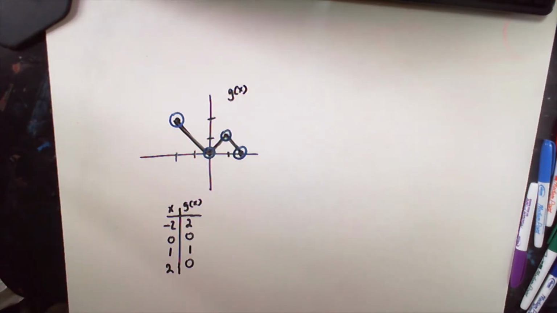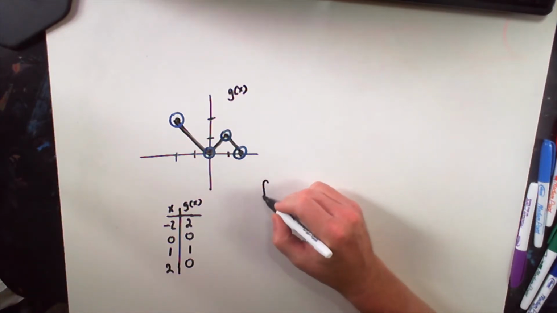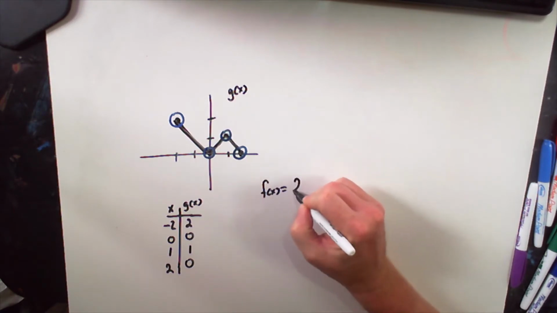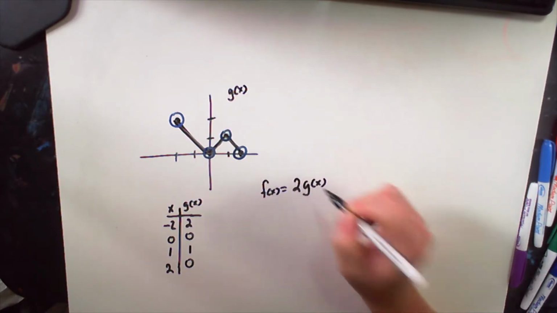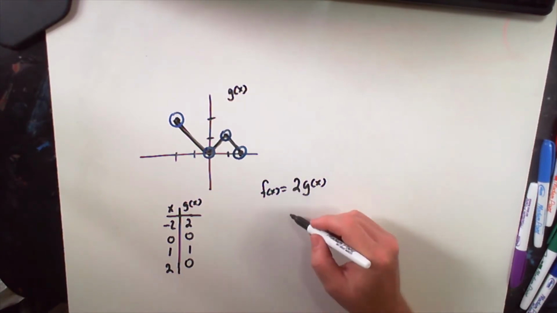So here's our g of x. The first one says 2g of x. All right, so f of x equals 2g of x. Now, I find it easiest if every time I do one of these transformative functions, I refer back to my original set of points.